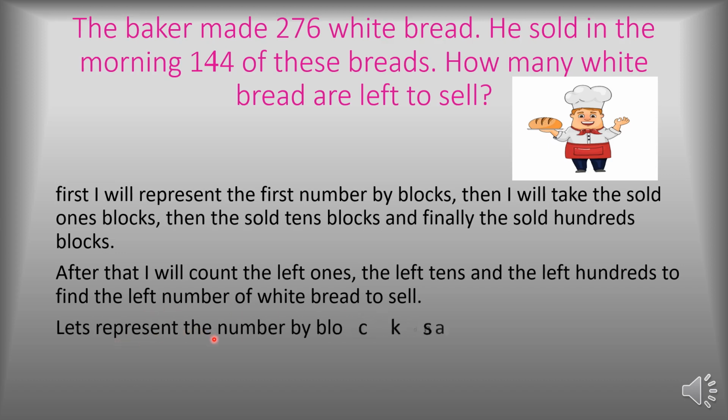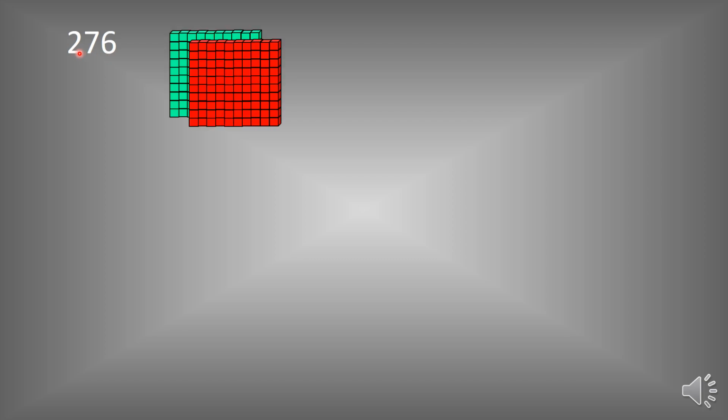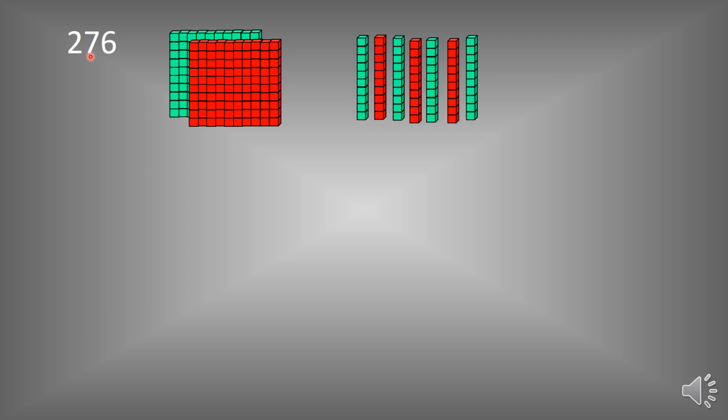Let's represent the number by blocks and find the answer. The word problem told me that the baker made 276, so I will represent 200 by two blocks of hundreds, 70 or 7 tens by 7 blocks of tens, and 6 ones by 6 blocks of ones.